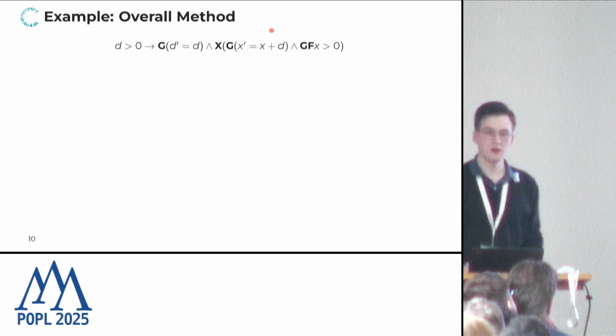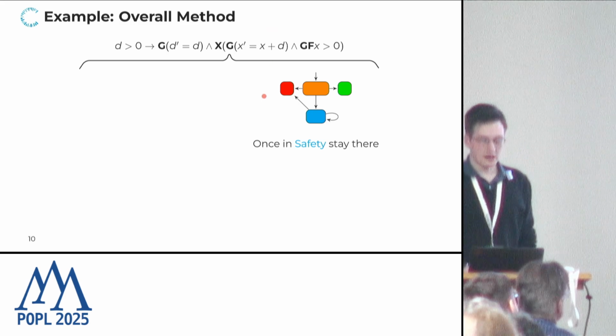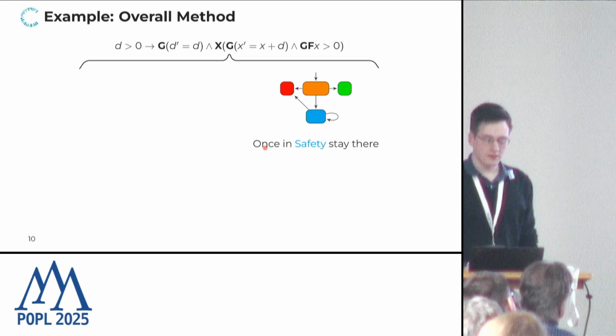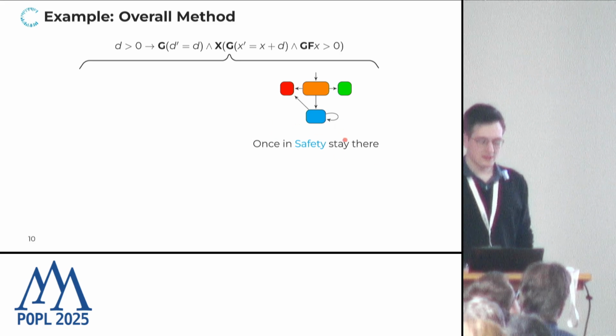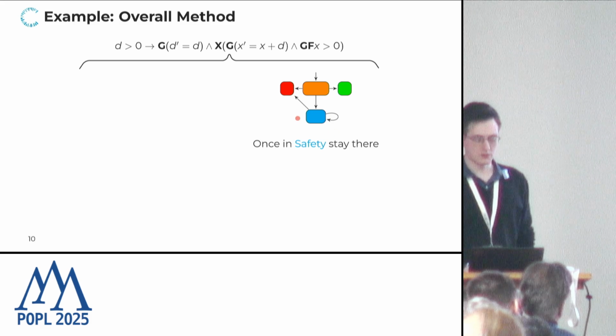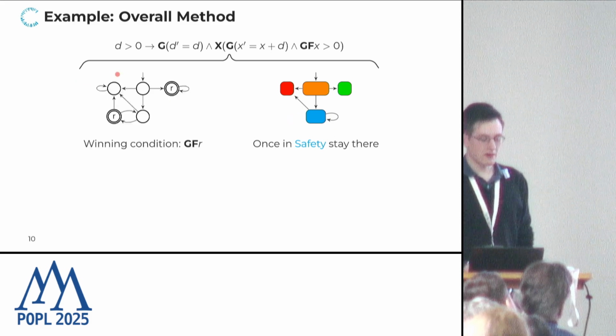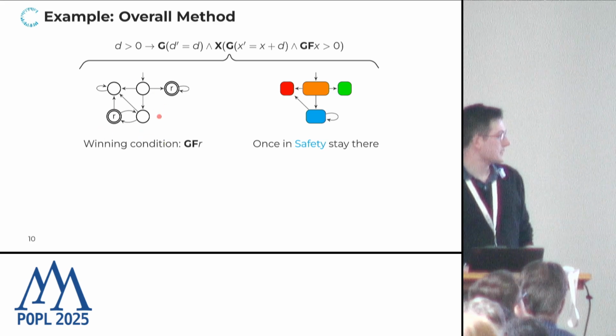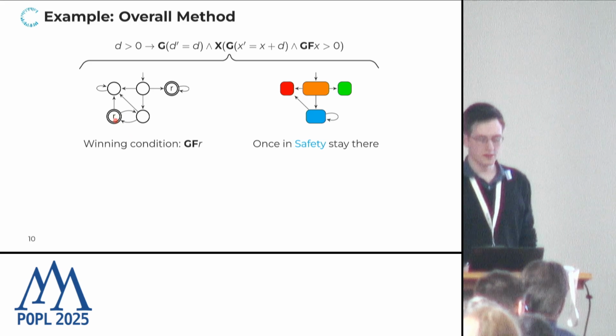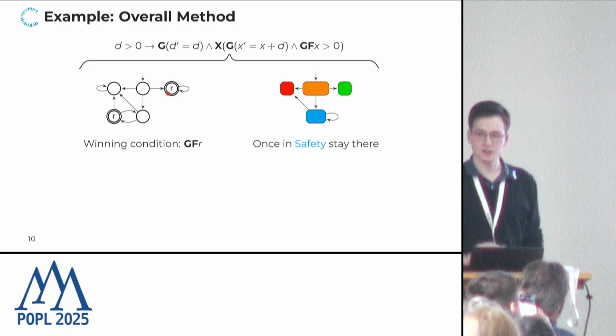So let's go back to our example. We had our monitor here, and really the thing I want to highlight for this example is that once we are in the safety part, this blue part, we want to stay here. Then we build this directly translated game, which looks something like that. And here the goal is to infinitely often visit one of those two locations.